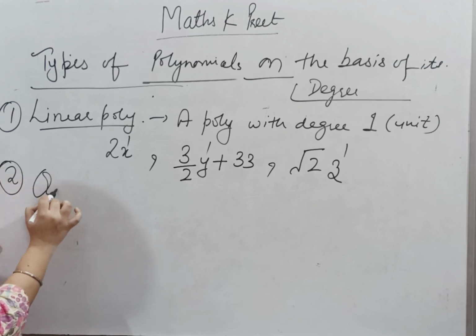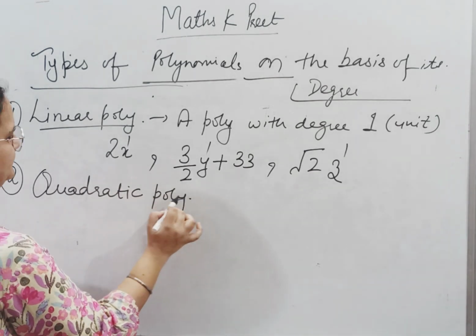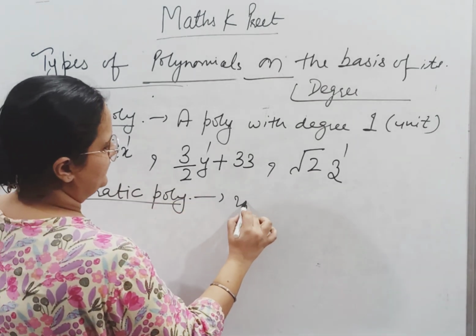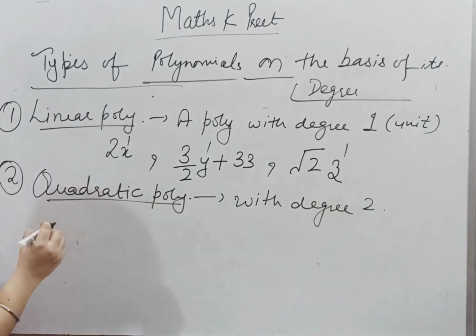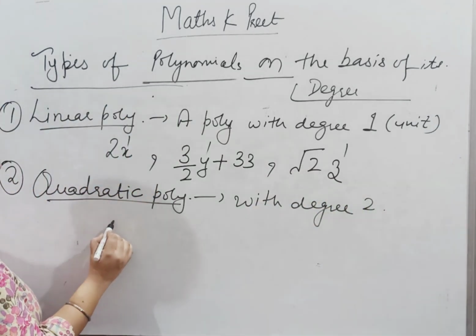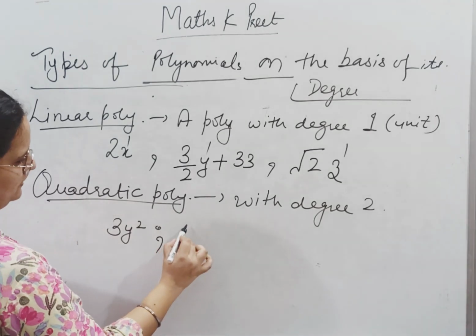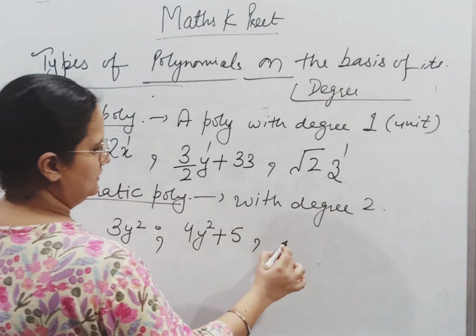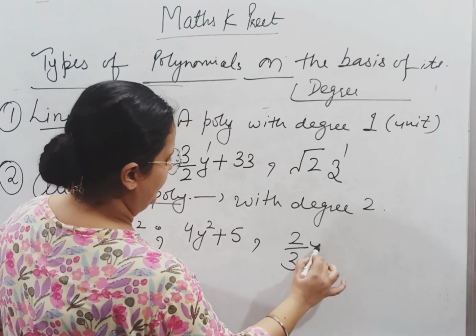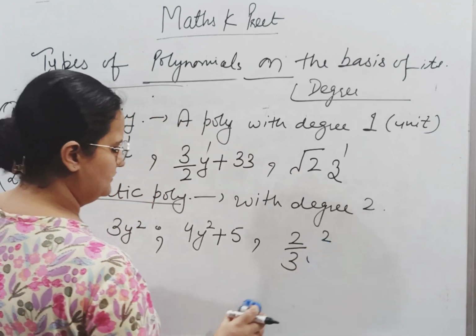Second is quadratic polynomial. So with degree 2. Examples we can take 3y square, 4y square plus 5, 2 by 3y square, or we can change the variable as well.